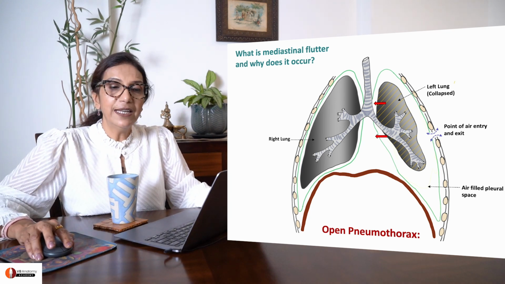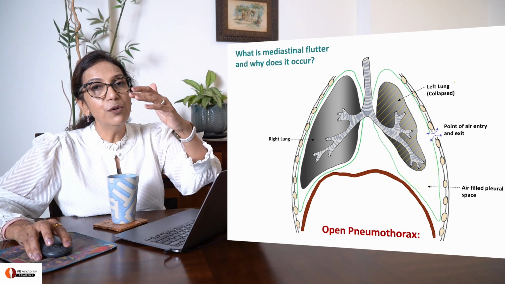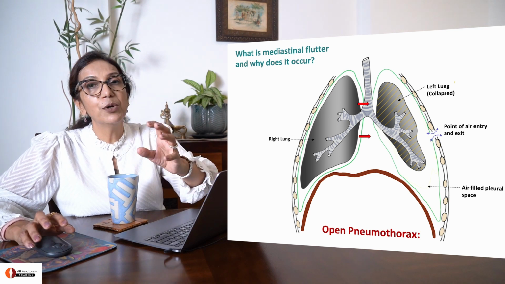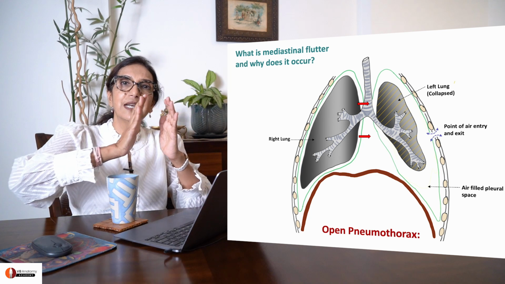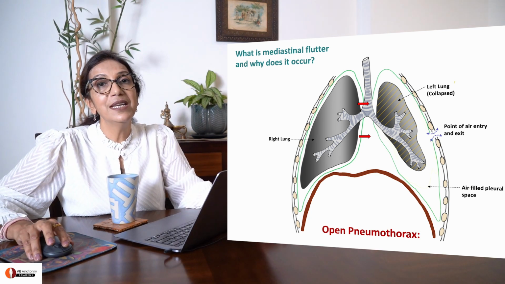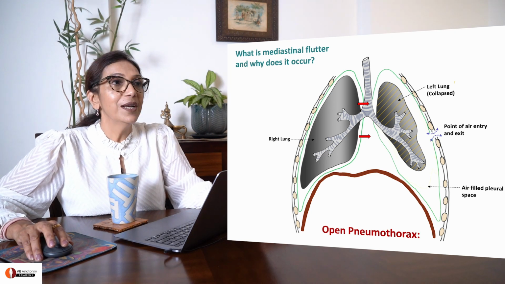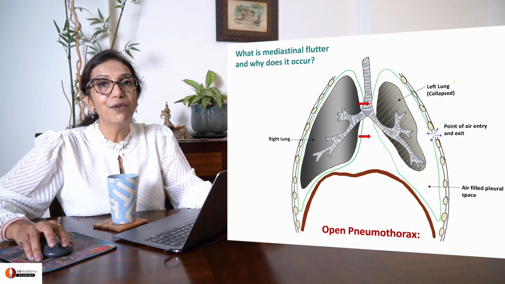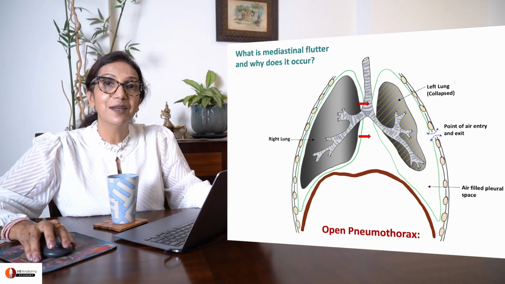Every time the patient breathes out, the air goes out from the space and the lungs are able to come back. So the whole mediastinum moves to the opposite side, comes back, moves to the opposite side, comes back. This is called a mediastinal flutter. Can you imagine your entire heart and the lung of one side moving to one side and back again, moving to one side and back again?